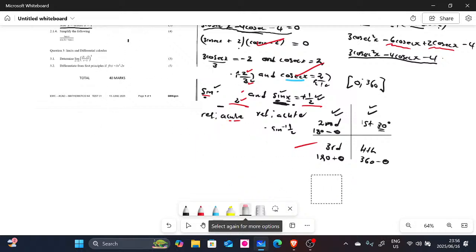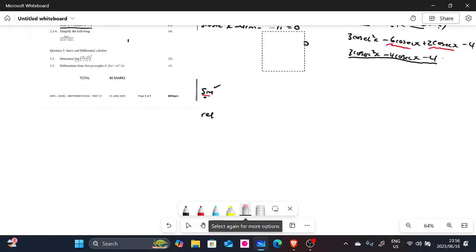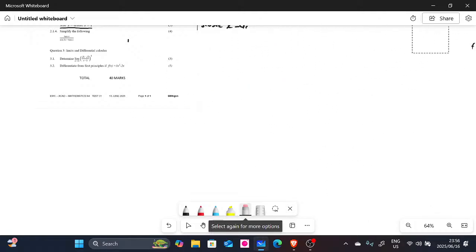Guys, let me erase this. I'm glad you guys understood how to solve for x here, because this part is where most people get confused, and I hate the fact that I cannot elaborate it further. But sometimes you don't practice. If you don't practice, this math thing is going to mess you up.